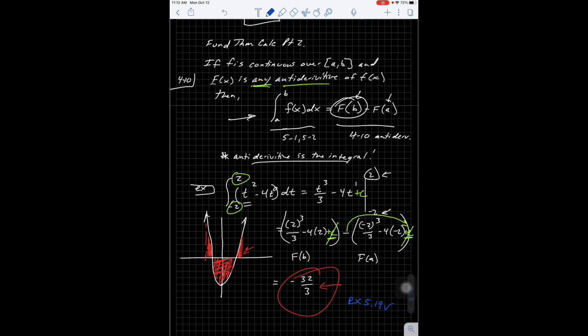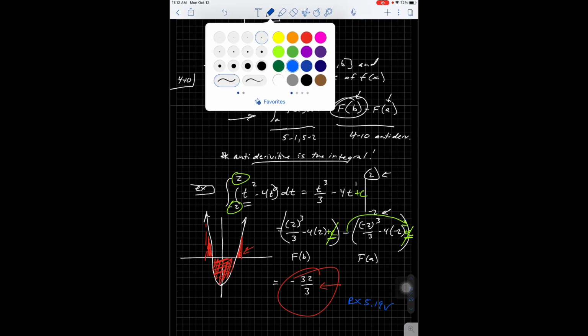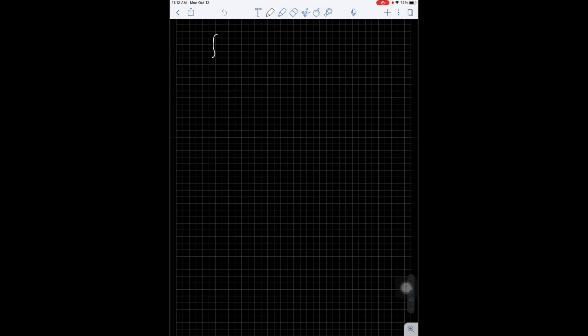And I'm going to do one more for you to look at. So let's do the integral from 1 to 9 of square root of x dx. Remember back in 410, there is no product or quotient rule for antiderivatives.